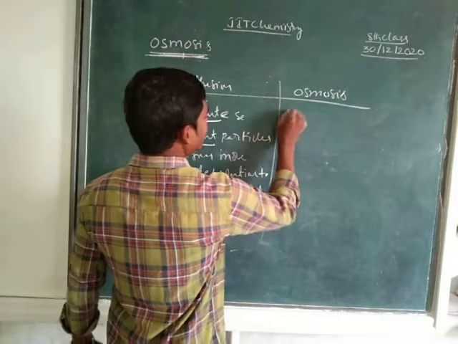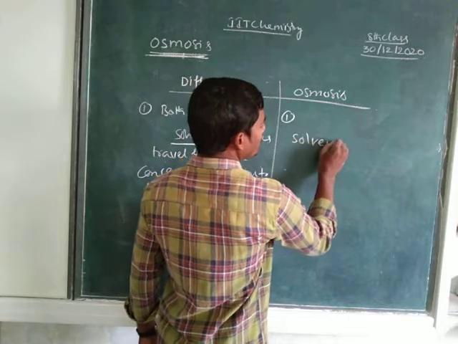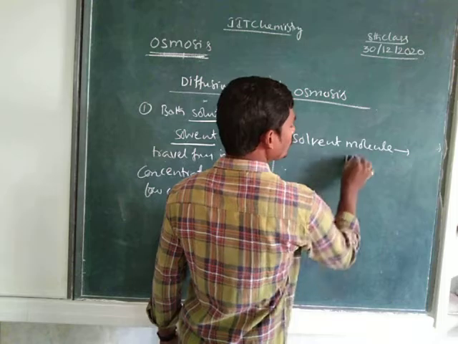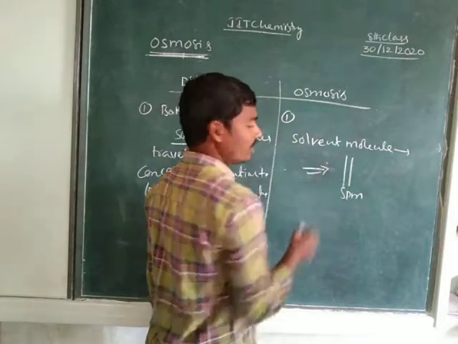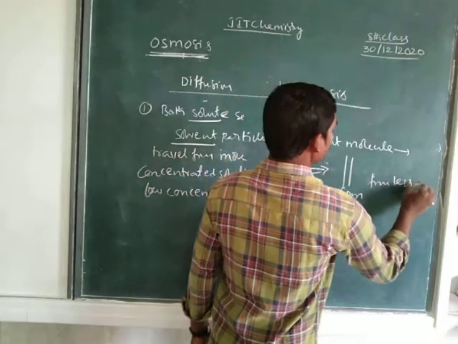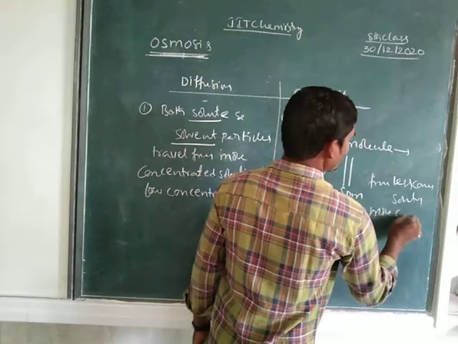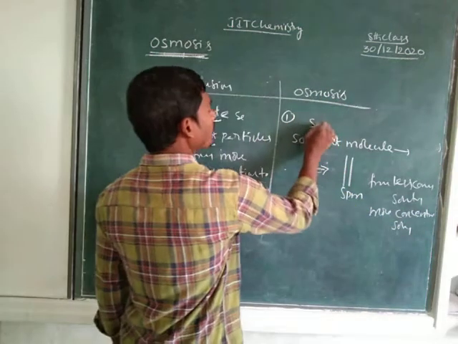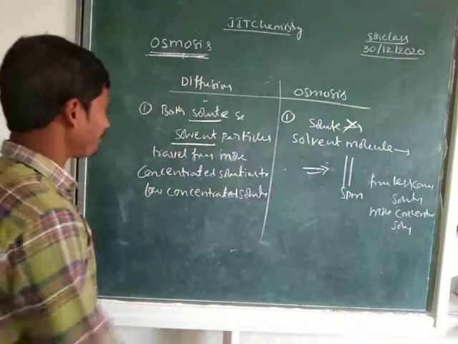Right? In case of osmosis, only solvent molecules travel through a semi-permeable membrane from less concentrated solution to more concentrated solution, but solute particles will not travel.